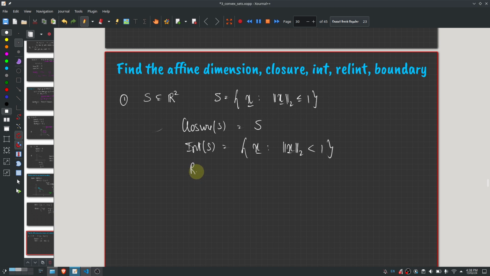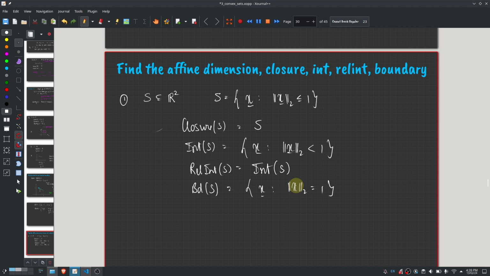So in this case, what is the relative interior of S? If the interior is non-empty, then the relative interior is always going to be equal to the interior of S. And what is the boundary of S? It is the set of all x for which the 2-norm of x is exactly equal to 1.